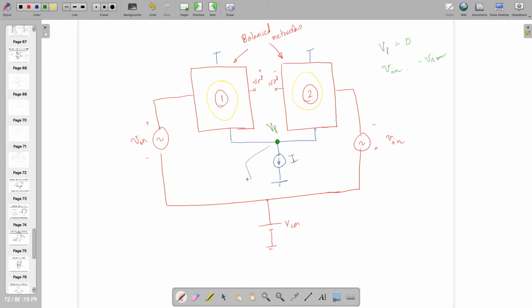Then this is 0, which we are calling AC virtual ground. By the way, this is known as differential analysis.